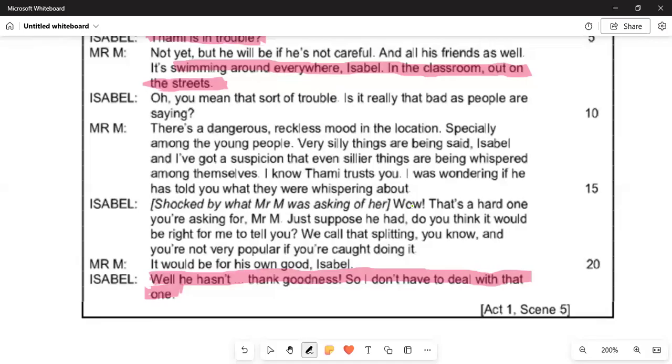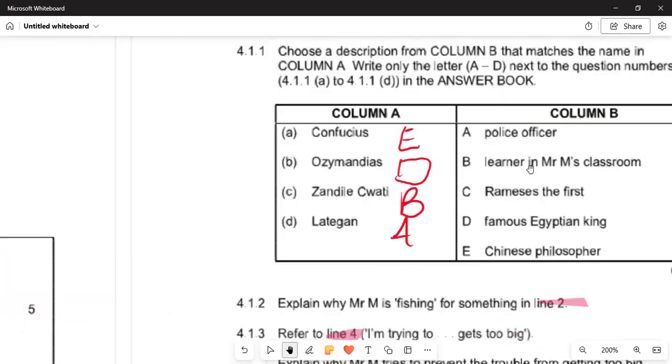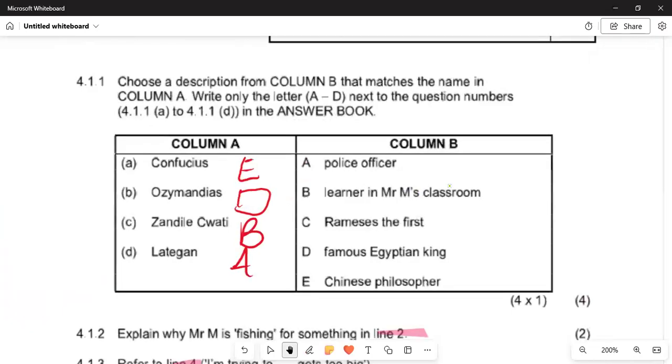And the statement says, choosing from column B. As you can see, we are having both column A and column B, but we are supposed to choose the description from column B that matches with the name in column A. Write only the letter, A to D, next to the question number 4.1.1.1 to 4.1.1.4 in the answer book.